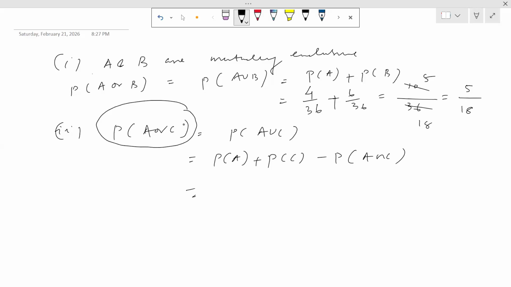3 1, 3 2, 3 3, 3 4, 3 5, 3 6. So basically the probability of A is 4 by 36, which already you know, plus 6 by 36 minus probability of A intersection C, we had calculated earlier, that is 1 by 36.